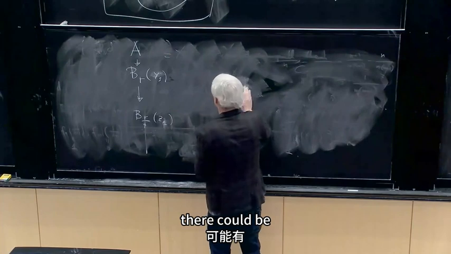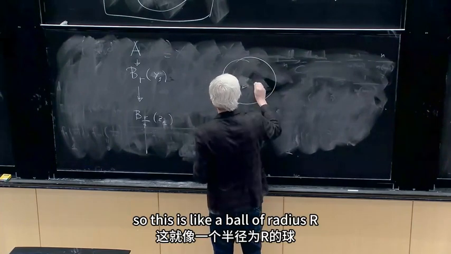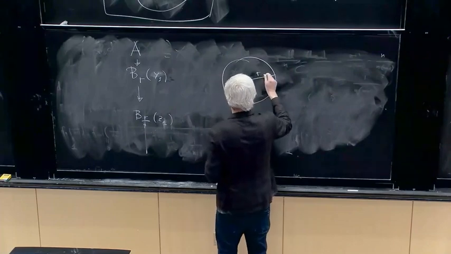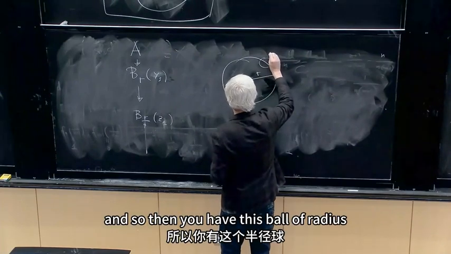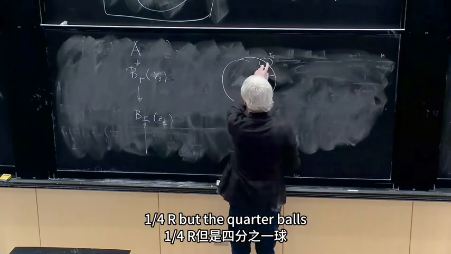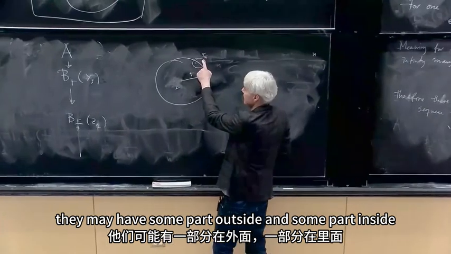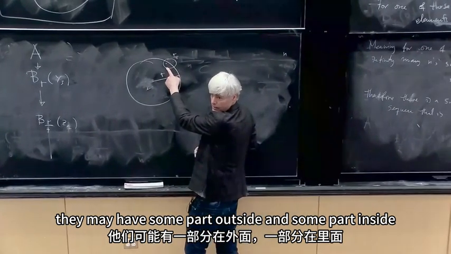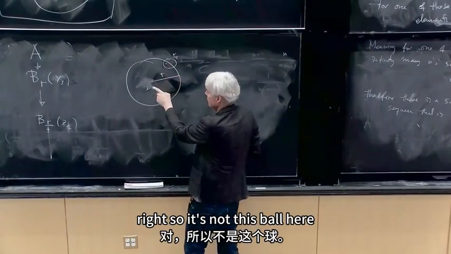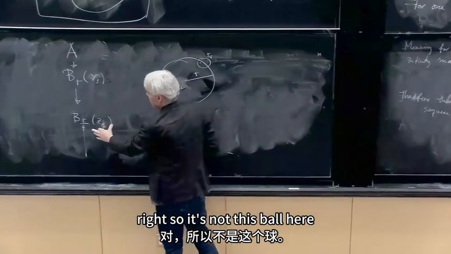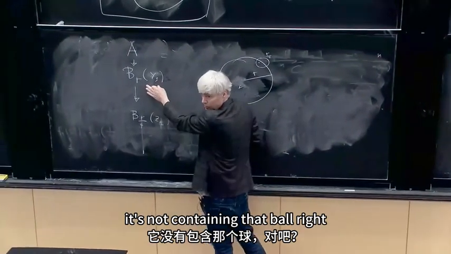There could be, so this is like a ball of radius r. And so then you have this ball of radius a quarter r. But the quarter balls may have some part outside and some part inside, right? So this ball here is not contained in that ball.